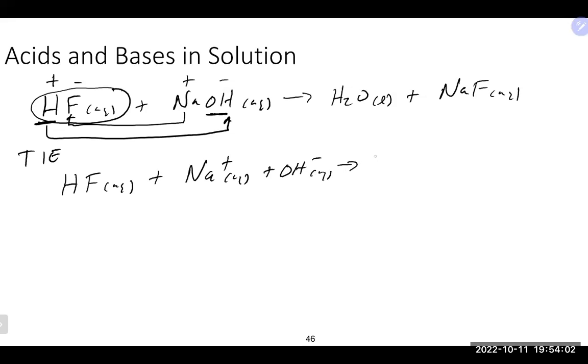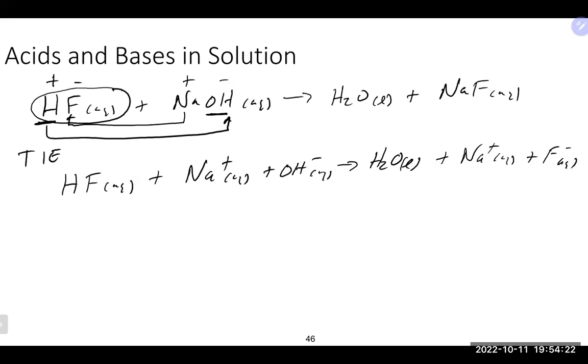You will keep together the water, which is a liquid. So again, the liquid, gas, or solid will not break apart. And the sodium fluoride here will also break apart. So it is a little bit different when you have a weak acid or a weak base involved. When you get to the total ionic equation, you're going to keep it together.